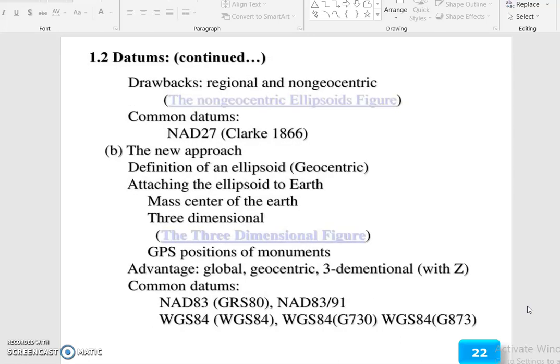The drawback is that it is regional and not a common datum. The new approach: definition of a geocentric ellipsoid, attaching the ellipsoid to Earth at the mass center of the Earth, so three-dimensional, the GPS position of a monument. The advantages are that it is global, geocentric, three-dimensional with Z, and a common datum.